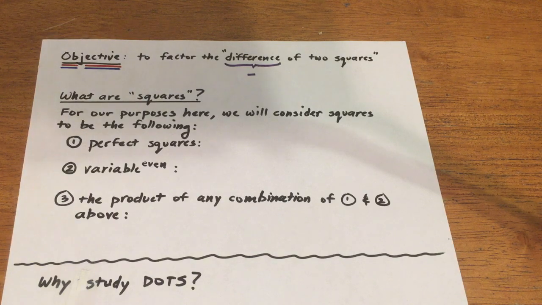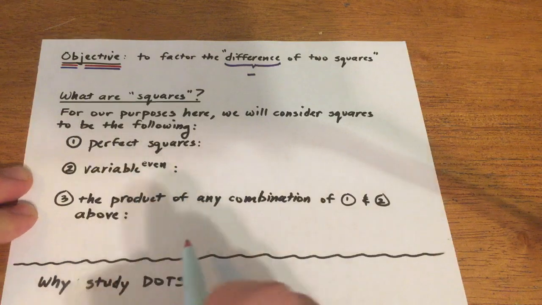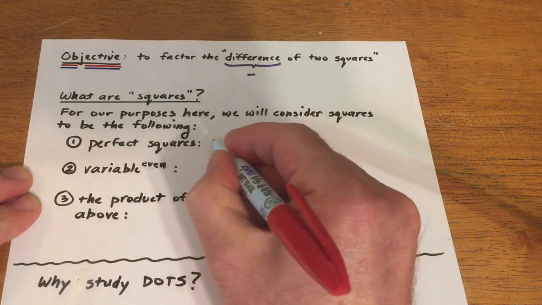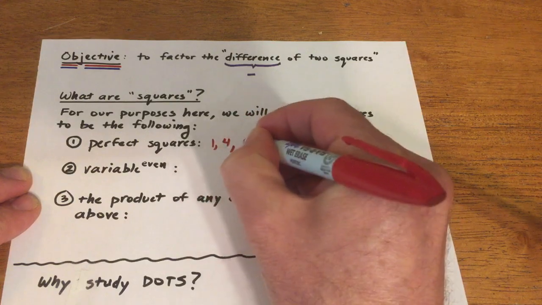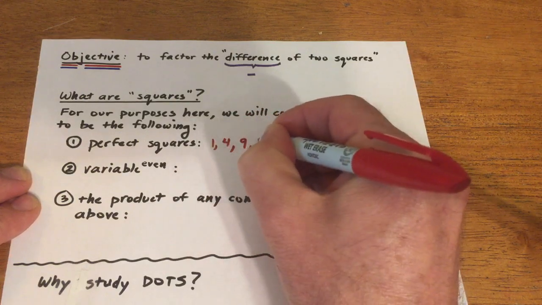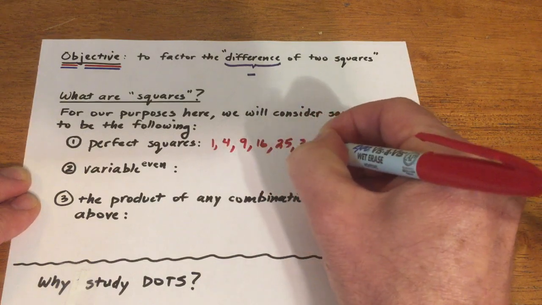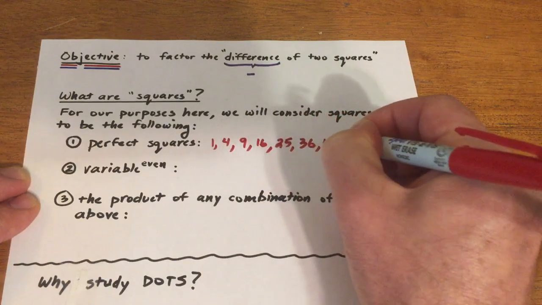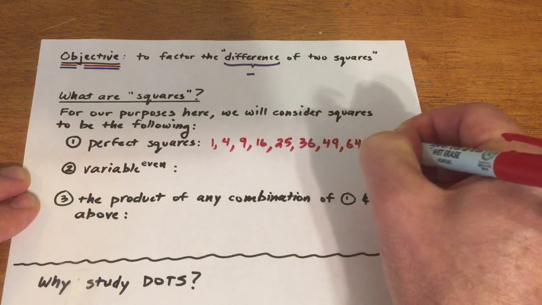When I give you a moment, do pause the video, give that a try, please. So, perfect squares, hopefully you wrote out 1 squared, which is 1, 2 squared, which is 4, 3 squared, 9, 4 squared, 16, 5 squared, 25, etc. The list continues on forever, and these numbers are our perfect squares.